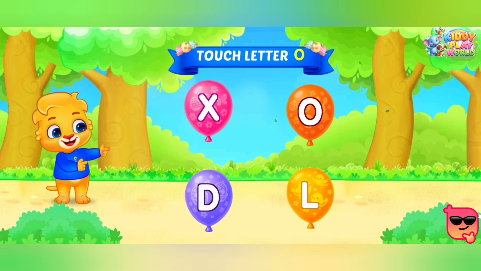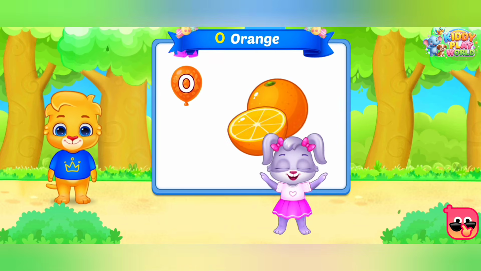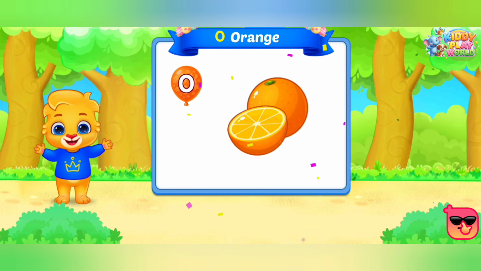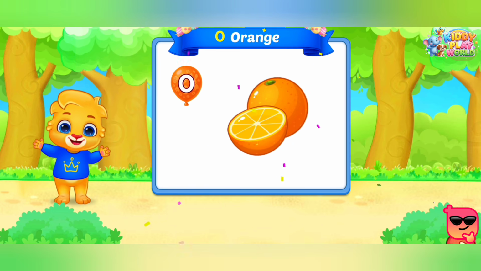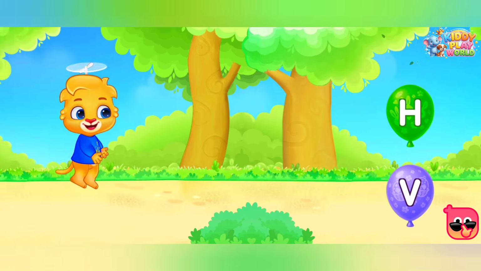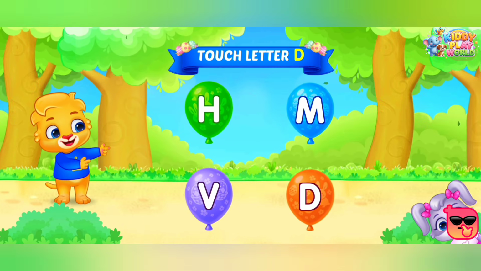Touch letter. O. O is for orange. Touch letter.